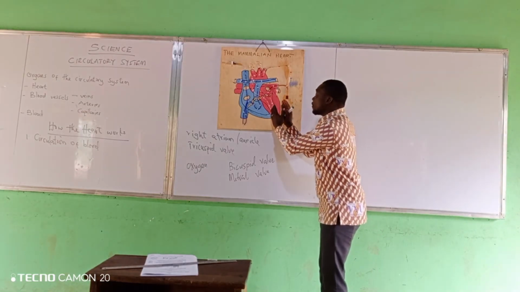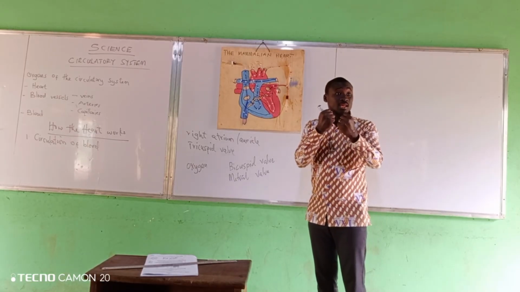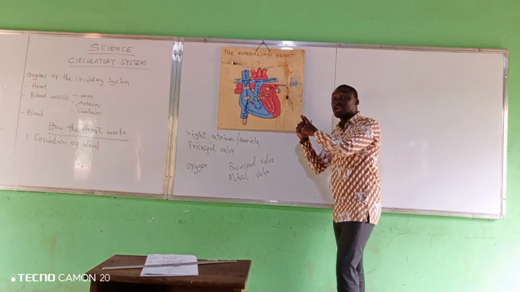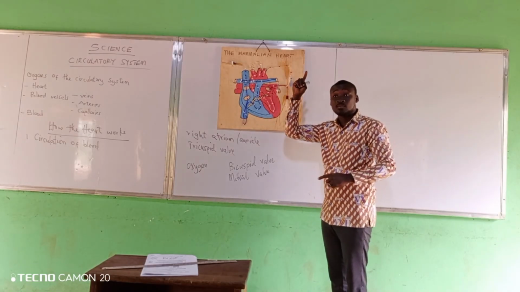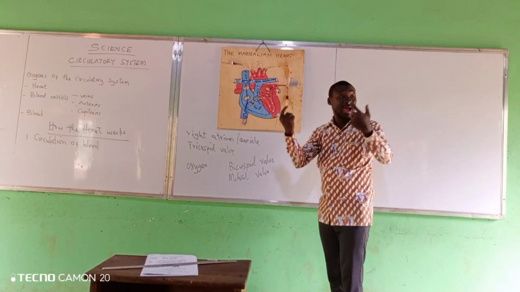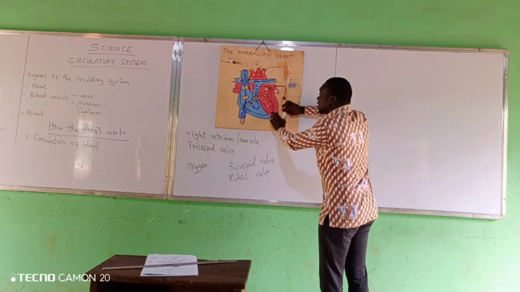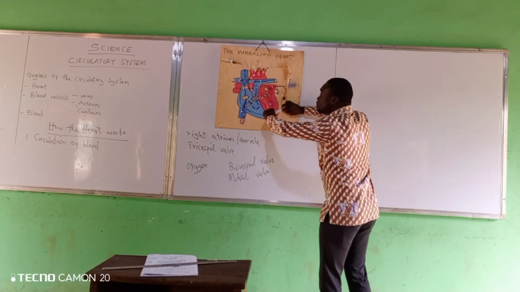The wall of the left ventricle is thick because that side pumps the blood into the whole body. So under high pressure, it pumps the blood, then it passes through this particular tube.